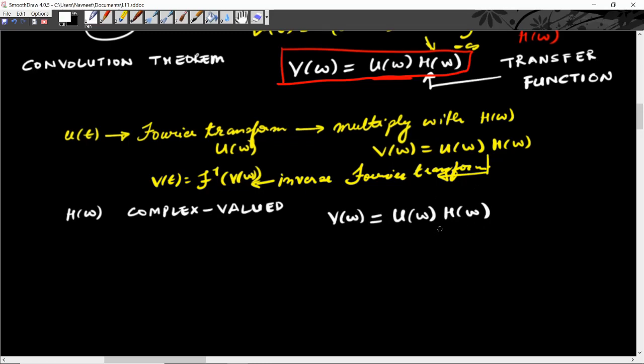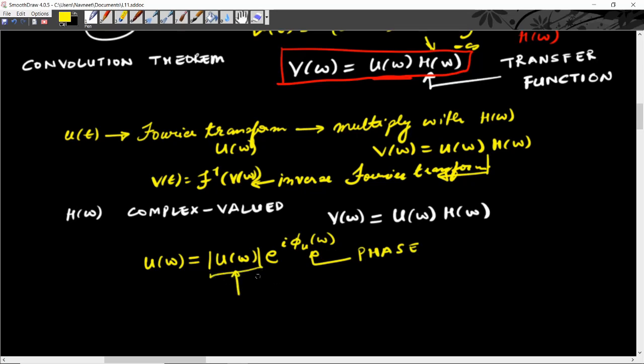To see how filtering can affect the phase of the signal, we can write the Fourier transform in this notation. So we can write, let's say, any Fourier transform, for example U of omega, in terms of the magnitude times e to the power iota phi subscript U of omega, where phi denotes the phase and this denotes the magnitude.